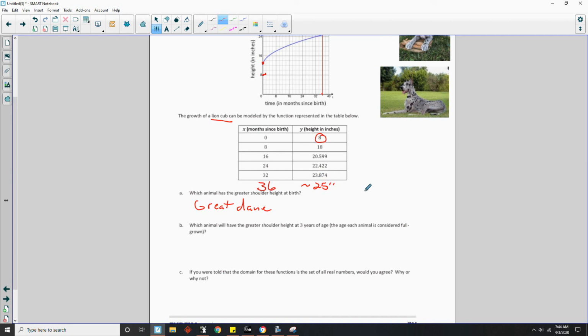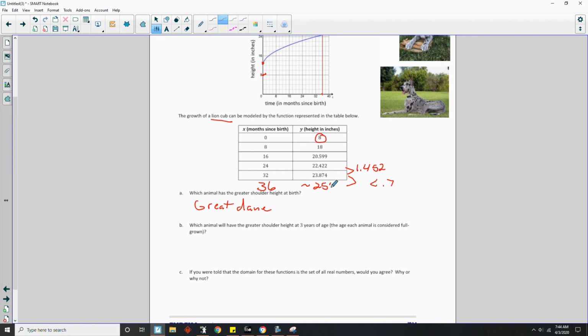So on the interval 24 to 32, the change is 1.452, right? Just subtracting. So on interval 32 to 36, the average rate of change should be less than 0.7. So less than 0.7.